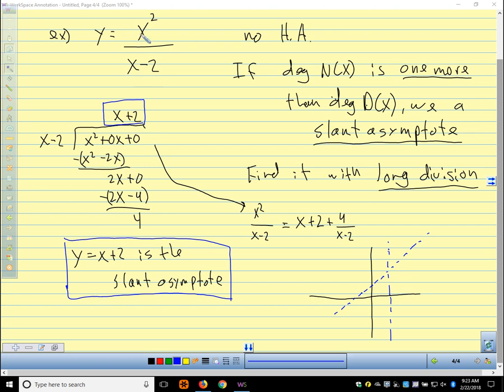My x-intercept is when x equals 0. So what this function ends up looking like is something like this. As x gets really big, it gets closer and closer to that slant asymptote. As x gets really big negative, it gets closer and closer to that slant asymptote. So when x is really large, positive or negative, the function is behaving like that line, y equals x plus 2.